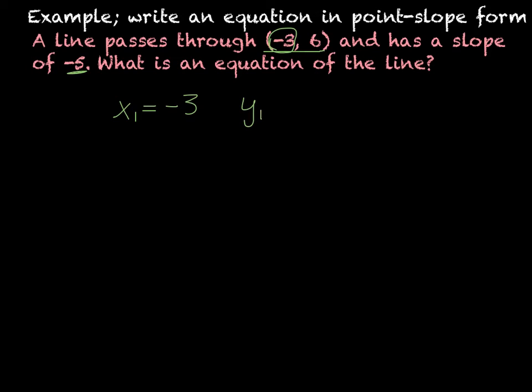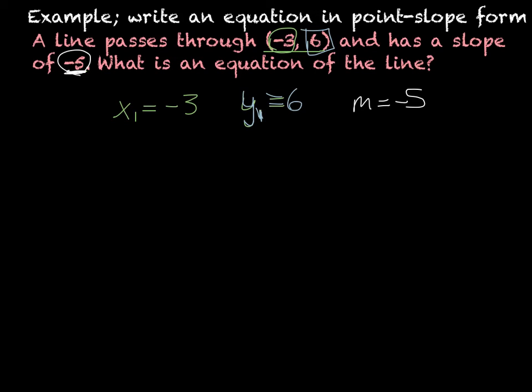My y sub 1 is equal to the thing in the y position, which is this 6, so y sub 1 equals 6. And then my slope is my m, and that is the -5, so m equals -5.